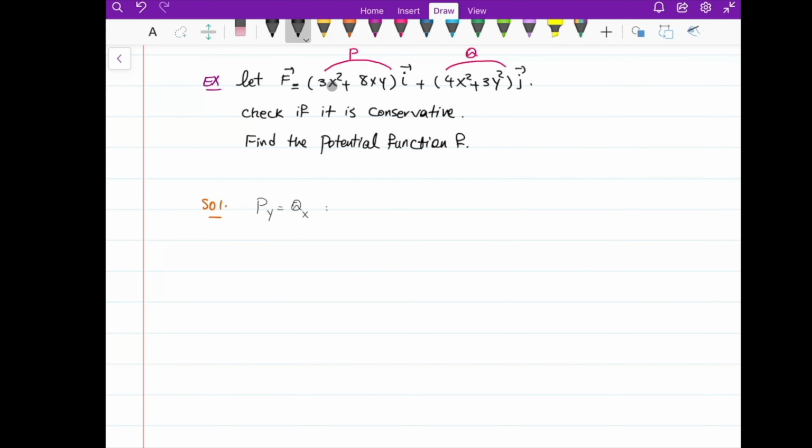The derivative of 3x squared is 0, and the derivative of 8xy with respect to y is 8x. And then Q with respect to x, the 3y squared part would be 0 because y would be constant, and the derivative of 4x squared with respect to x is 8x. So as you see, since these two are equal to each other, then F is conservative.